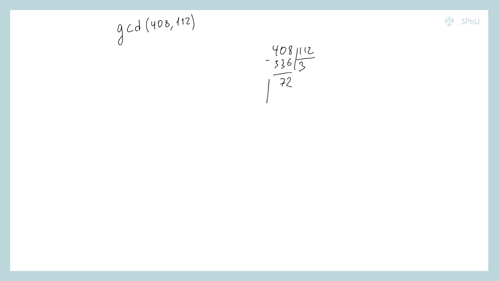Now, we should divide the number 112 by 72, and this is just 1 times 72. The remainder of the division is 40.